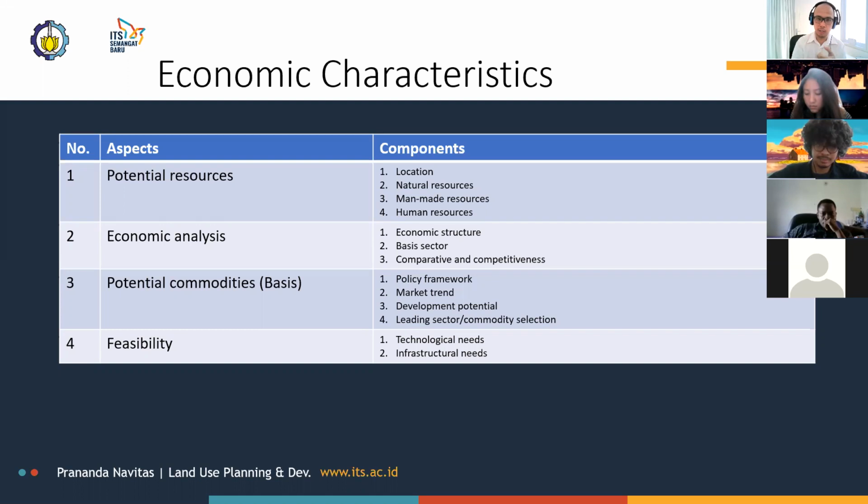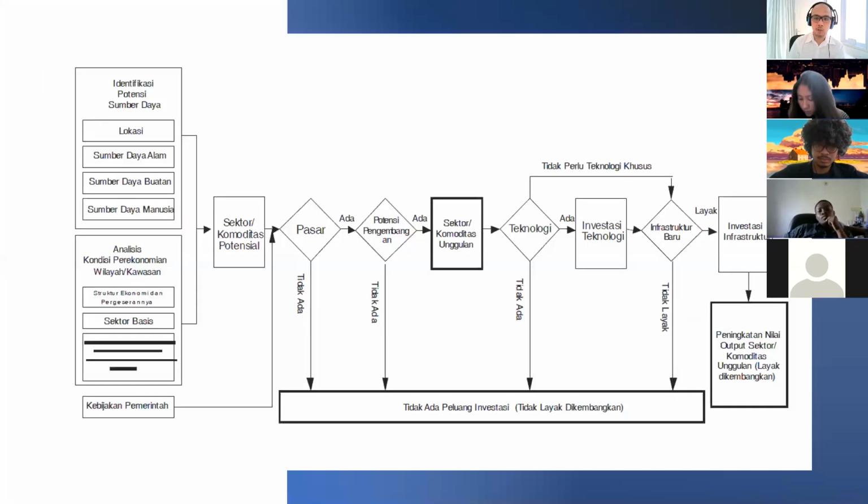Are there any particular technological needs? Are there any particular infrastructure that we need to provide in order for this economic development to take place, and so forth. This is just an illustration of the steps and the process of economic analysis.